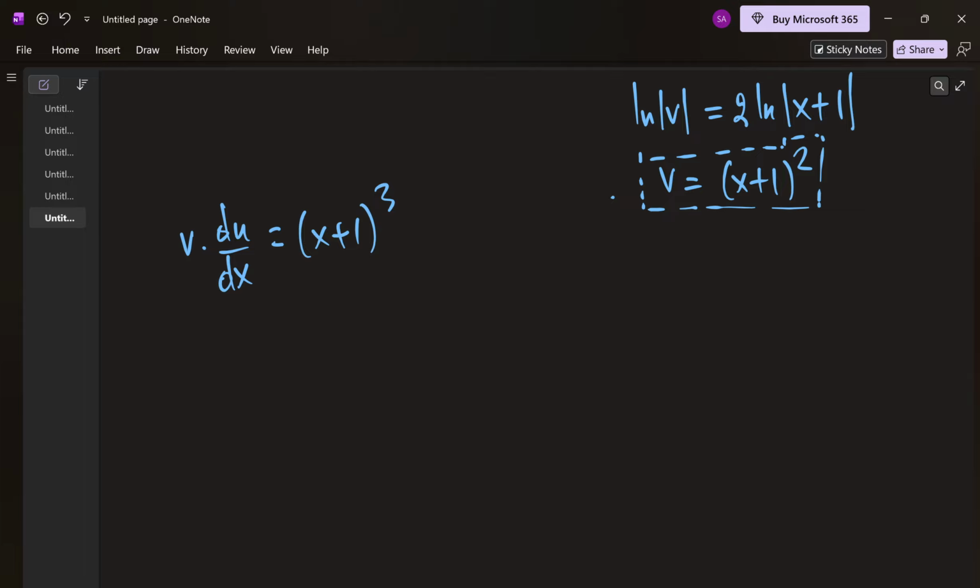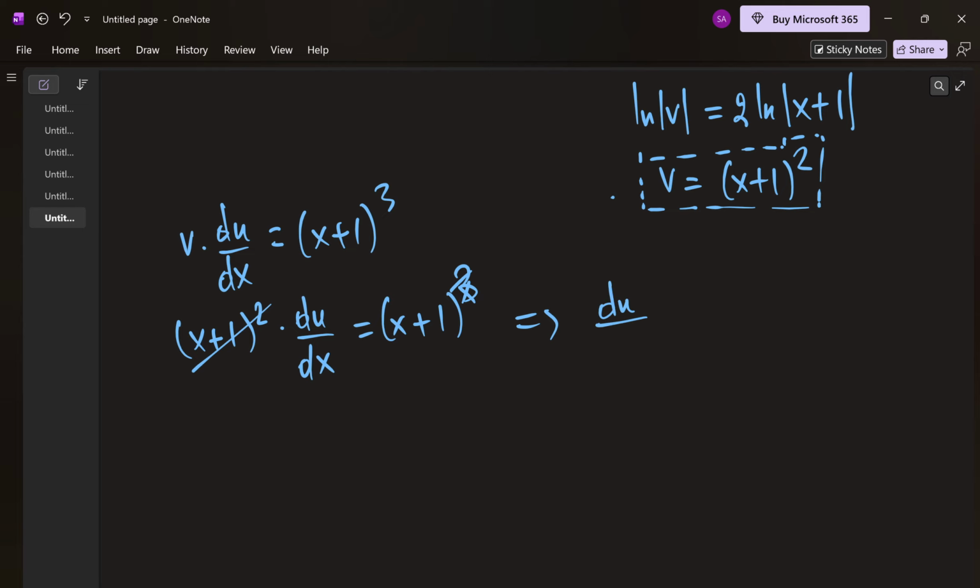And remember that v is x plus 1 to the power 2. So we could simplify those together, and what remains is du over dx is equal to x plus 1.